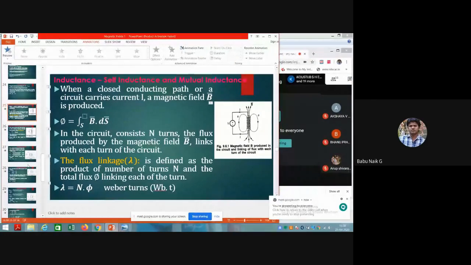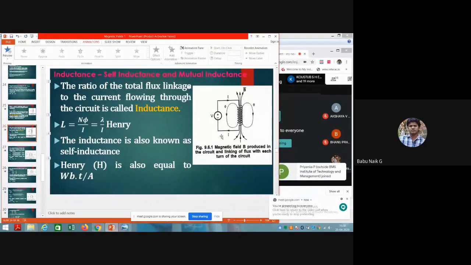From this you can also calculate the inductance: the total flux linkage with the number of turns, over the current I flowing through it. So inductance L equals lambda over I, which is N phi over I. This is our inductance definition.